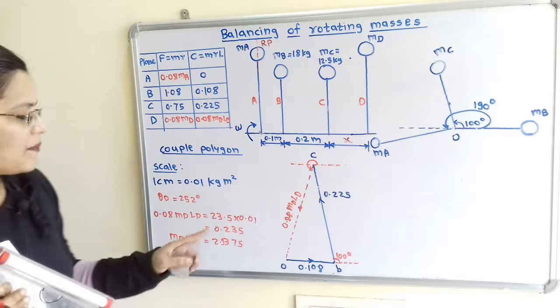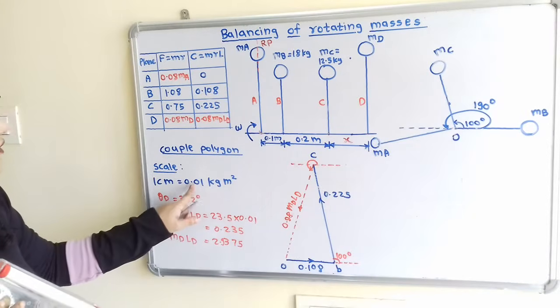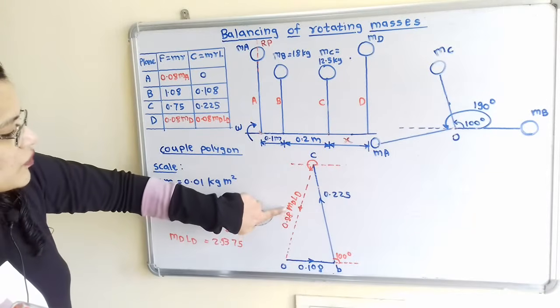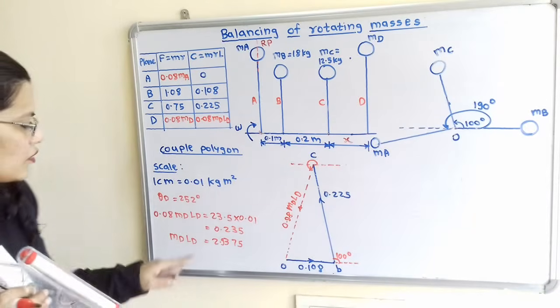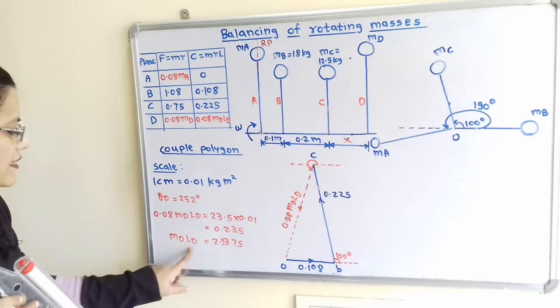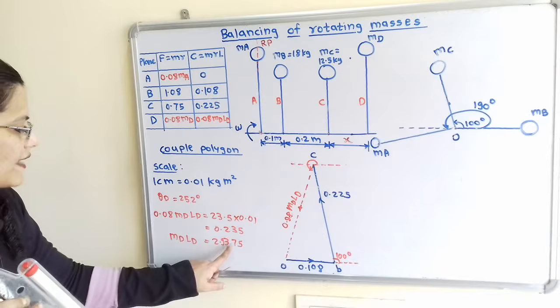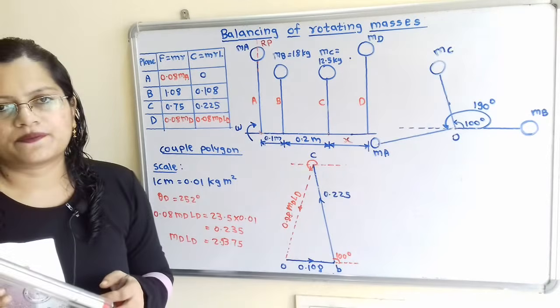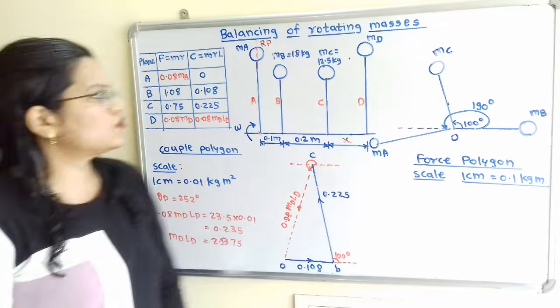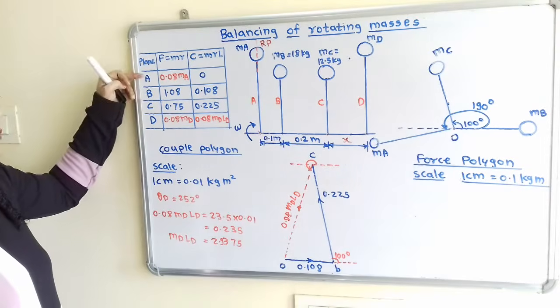So we will multiply 23.5 into 0.01, which is equal to 0.08 MDLD. When we simplify this, we get MDLD equal to 2.9375.